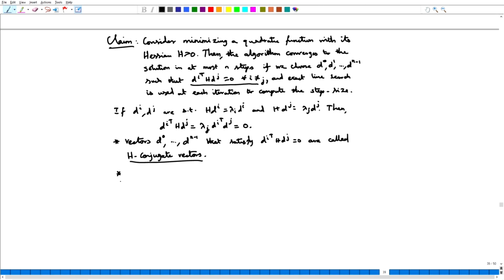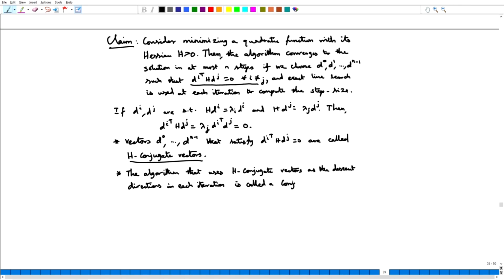And the other one that I wanted to say was, the algorithm that uses H conjugate vectors as the descent directions in each iteration is called a conjugate gradient algorithm.